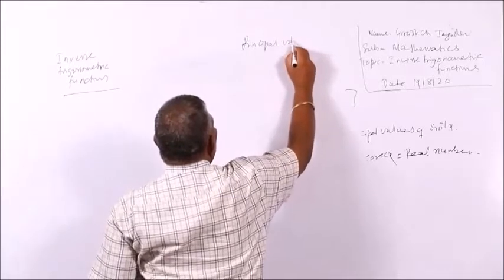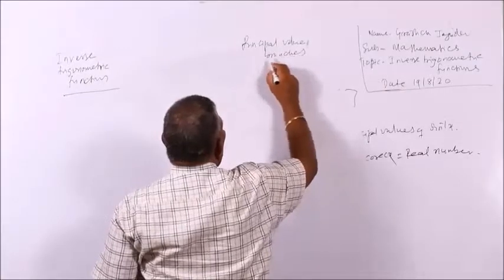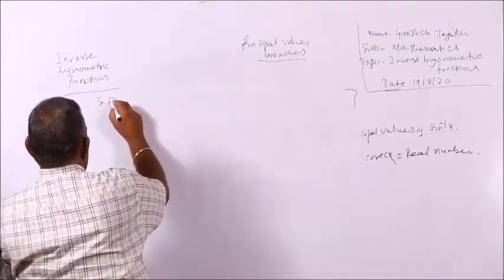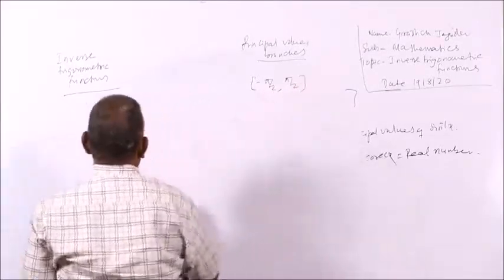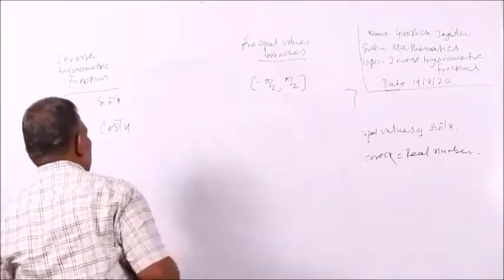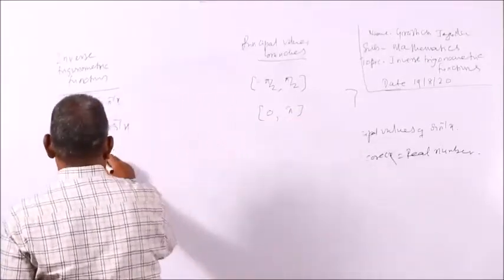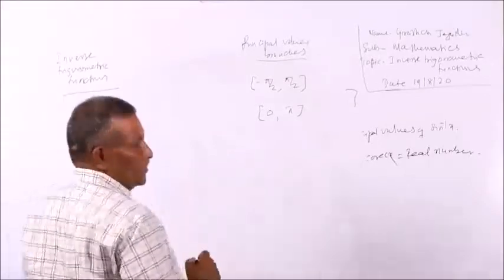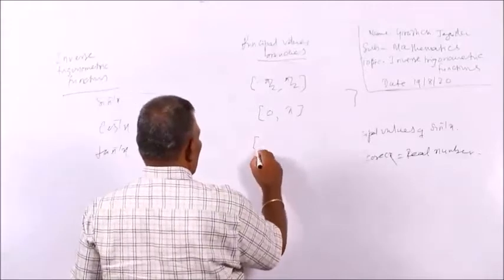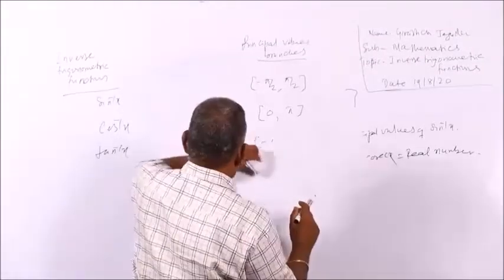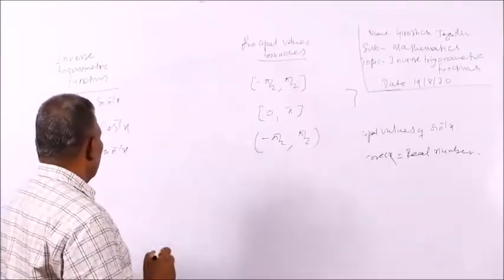Sin inverse x, closed interval -π/2 to +π/2. Cos inverse x, 0 to π. Tan inverse x, maximum value of tan x is infinity, minimum value is -infinity. So open interval -π/2 to +π/2.